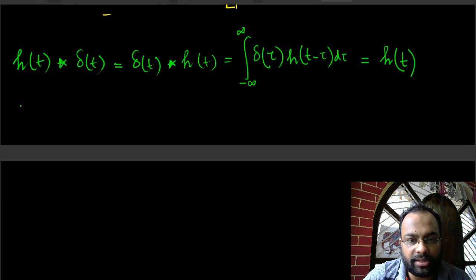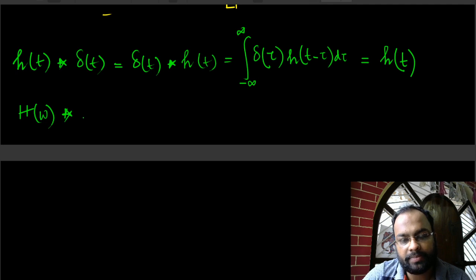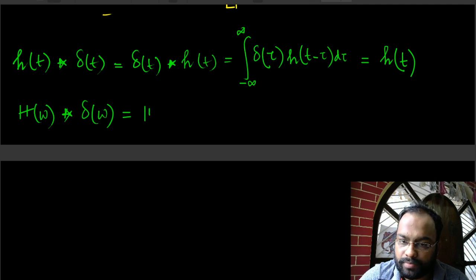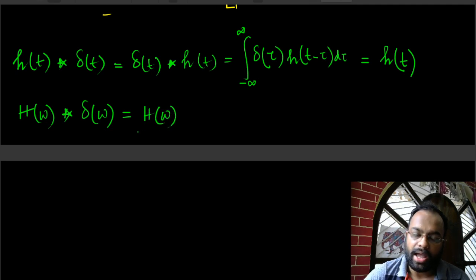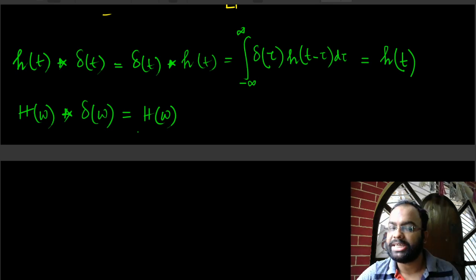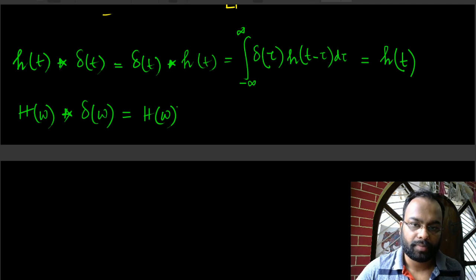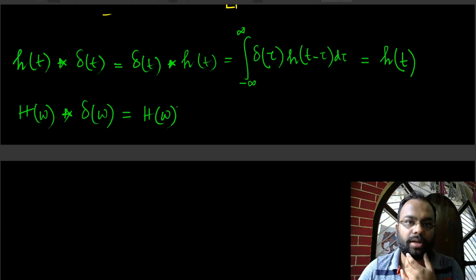In a similar fashion, if I have h omega and I do this convolution with delta omega, I have h omega. I mean, convolving with delta does not change the signal. Right.